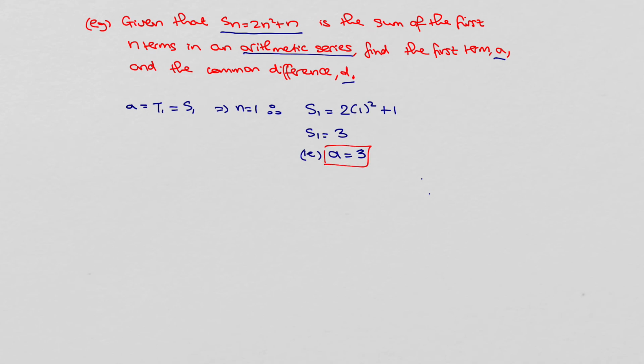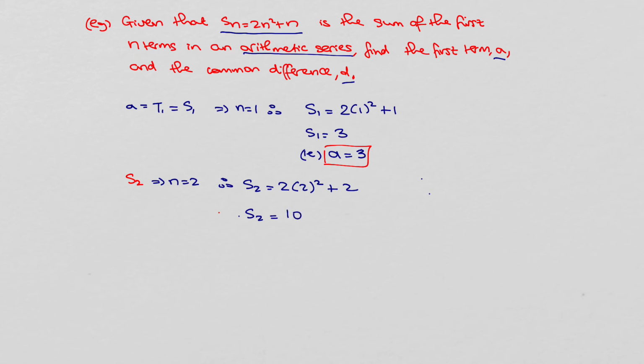If I want to find the second term and then the common difference, well, I'll need to get S of 2. So therefore that means that I'm going to let n equal 2. So S of 2 means wherever there's an n, I'm now going to put 2 into my equation. So I get 2 squared, which is 4, times 2, which is 8, plus 2, which is 10.